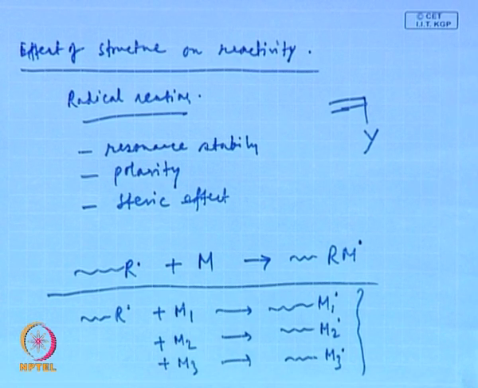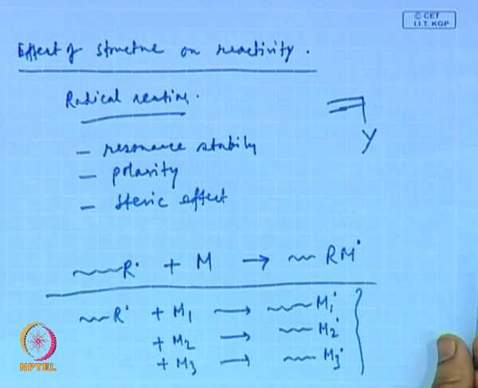So, the reactivity of different monomers towards a particular radical will depend on the stability of the resulting radical from that monomer. So, the higher the stability, the higher the reactivity.